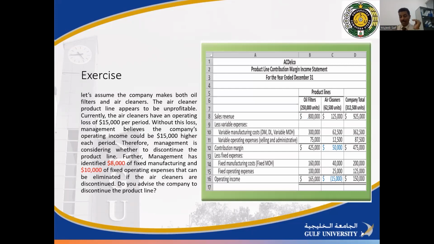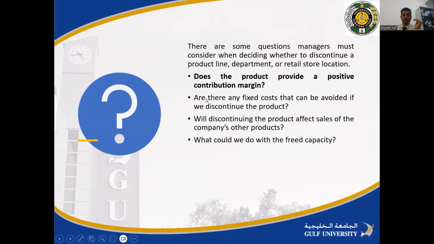As here in our exercise, our revenue covers all variable costs, and we also have a remaining amount that can contribute to the fixed cost.